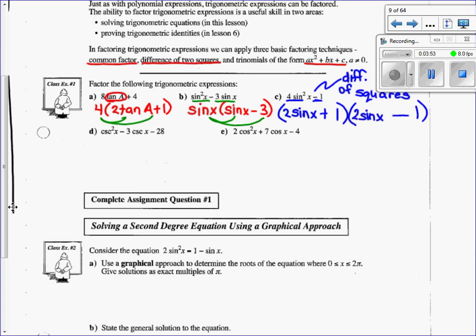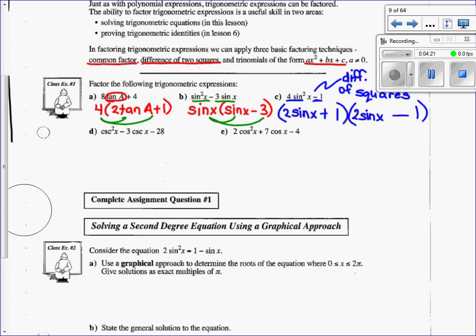Now these bottom ones, we've got degree 2. This is cosecant squared x minus 3 cosecant x minus 28. Just like before, when we had an equation that looks very similar, x squared minus 3x minus 28, you'd be looking for two numbers that multiply to give you negative 28 and add together to give you negative 3. It's the exact same thing here.